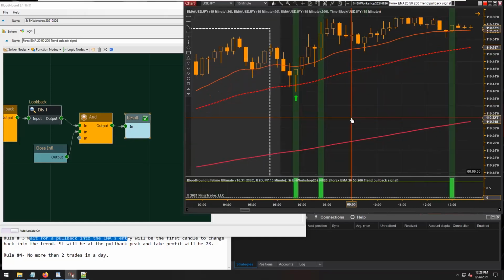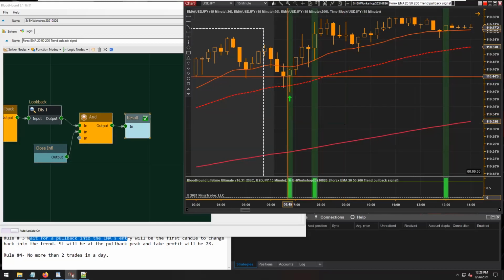Okay, so there is our first pullback signal, and we actually get a second one here. We did get another down bar, and then another reversal back up.